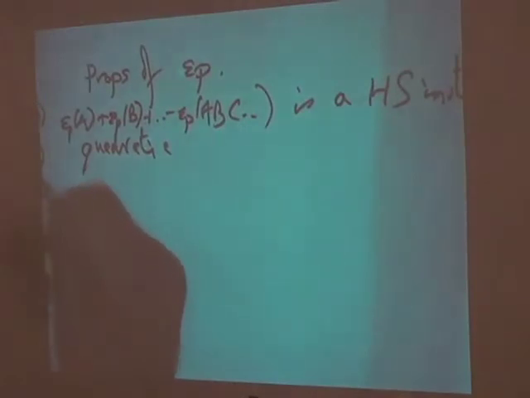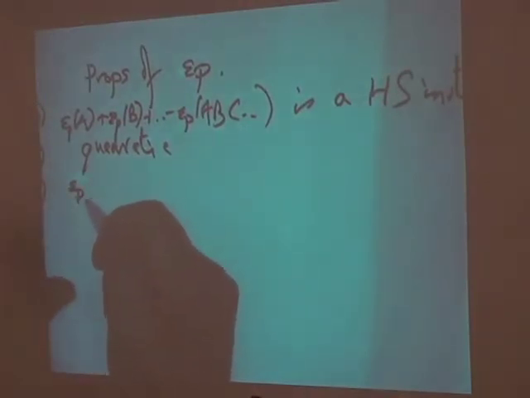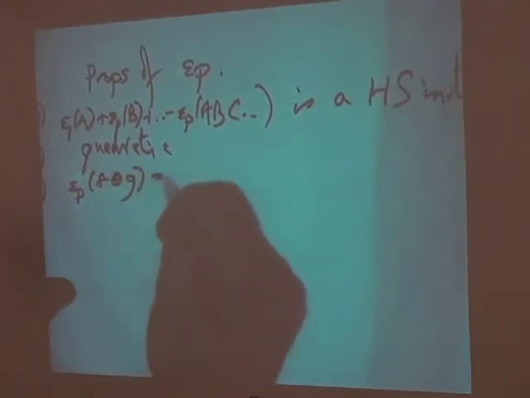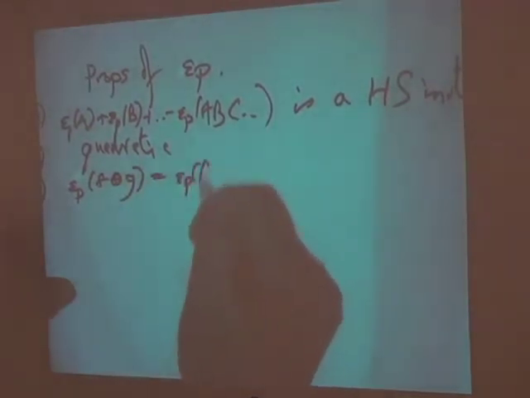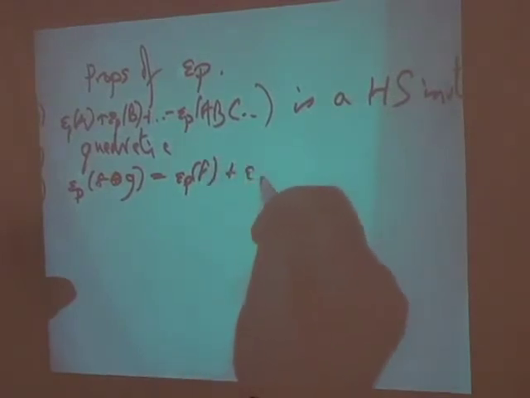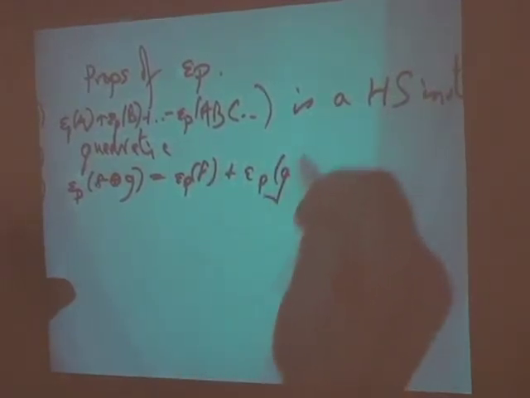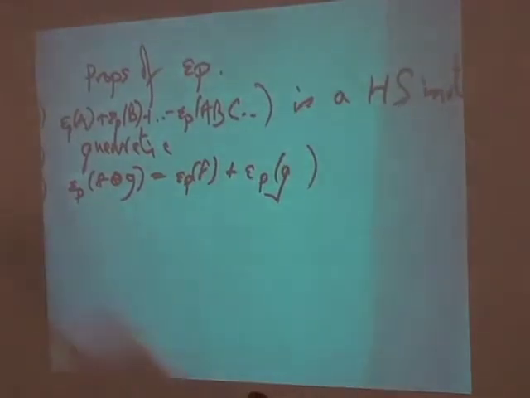Property number three is epsilon p of F direct sum G is epsilon p of F plus epsilon p of G. Property number four was the first one I was going to write down, and I thought I should write down all these easy ones first.